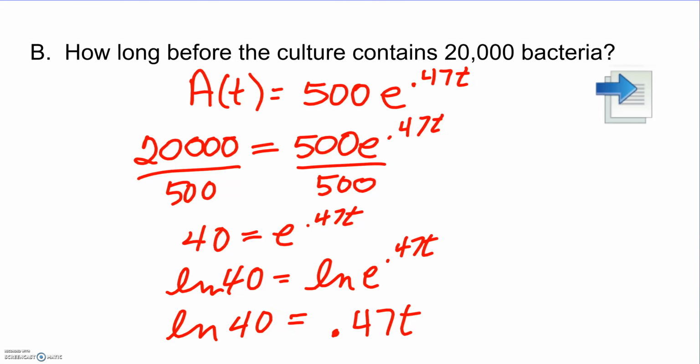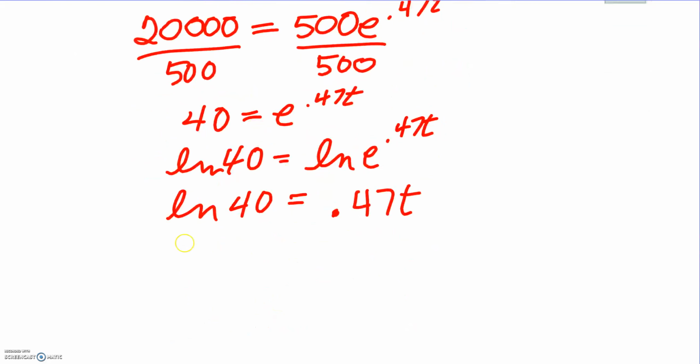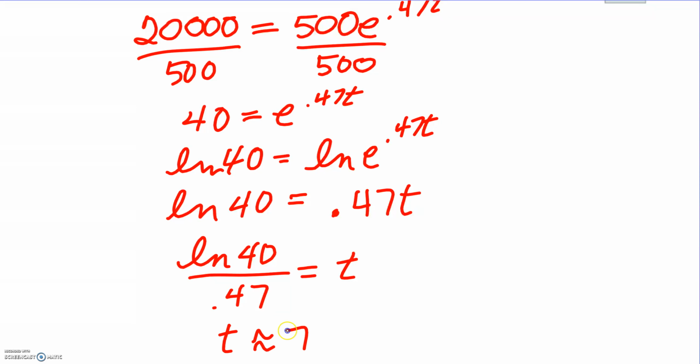So really all you have to do now is take the natural log of 40 and divide it by 0.47, and that's going to give you your t value. So natural log of 40 divided by, and I do have that previous answer stored in there. When I divided, I got about 7.8 hours. Okay, so that is 5B.